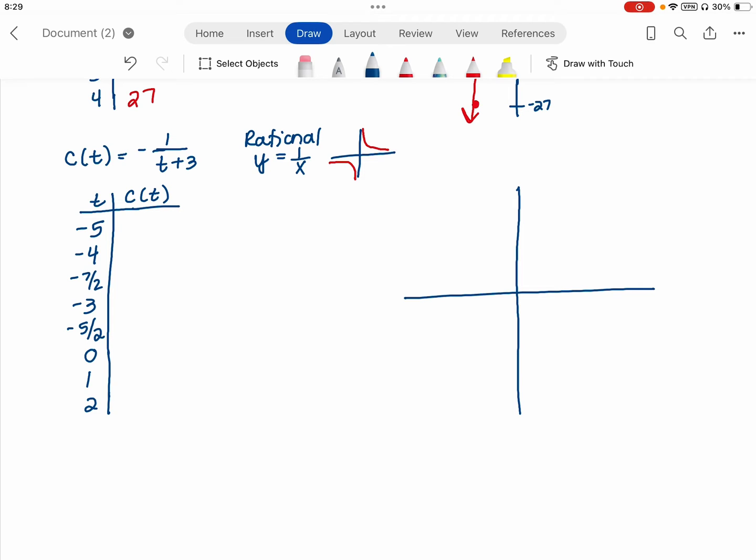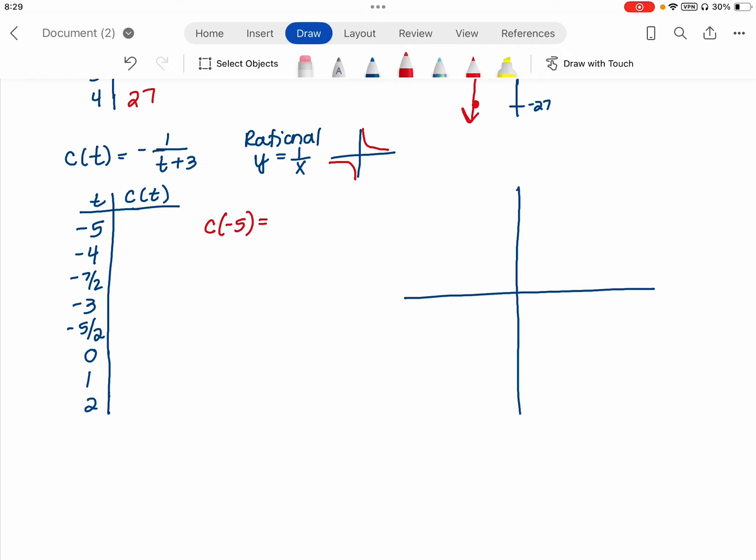On this one, we made a table of values. Notice here that my input is t, because I'm using an input value of t into the function, so I labeled my chart with a t. Then I'm going to calculate those output values. I'm going to go into my function and put in a -5.